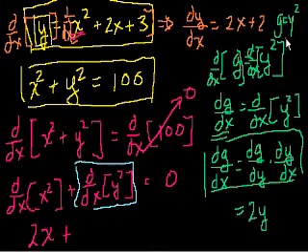Just using our polynomial rules, which hopefully you believe actually work, because there are several videos where we prove it. And then times the derivative of y with respect to x, which we don't know. And that's actually kind of what we're going to try to solve for. So the derivative of g with respect to x is 2y times the derivative of y with respect to x.